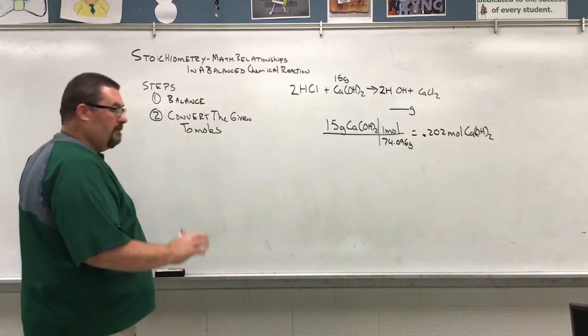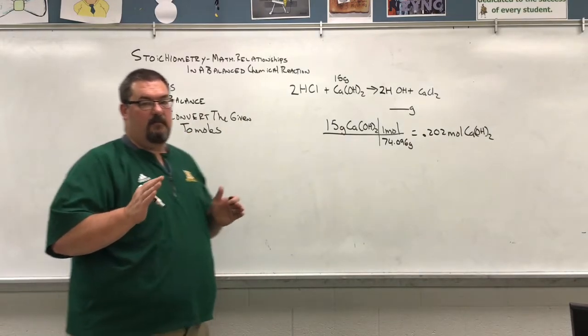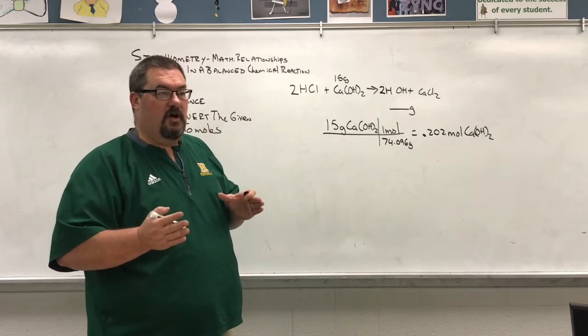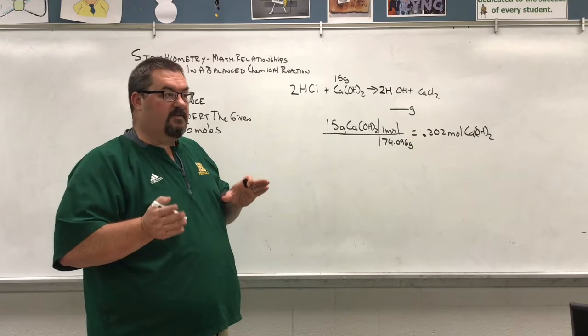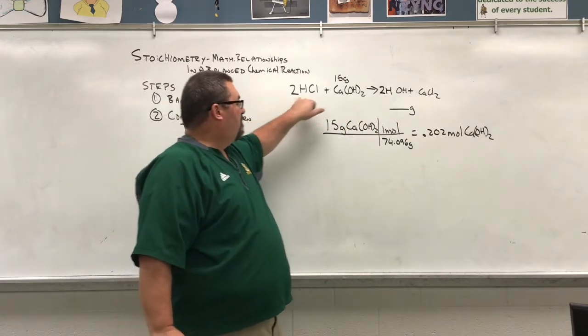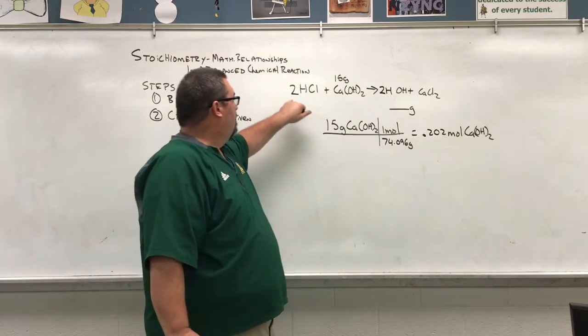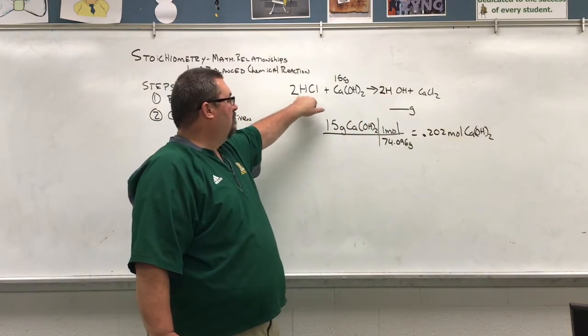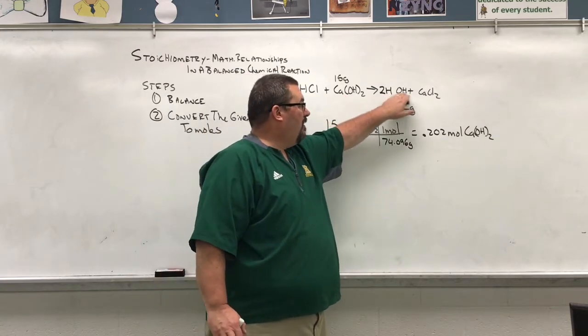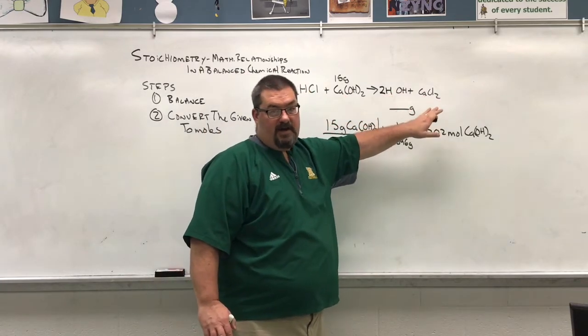The next step is probably the most confusing step for students, and it's just making a mole ratio. And the mole ratio in this case is simply a coefficient ratio. So these coefficients tell us that if I have 2 HCl's and 1 calcium hydroxide, I'll make 2 waters and 1 calcium chloride.